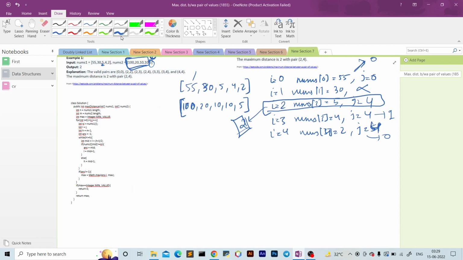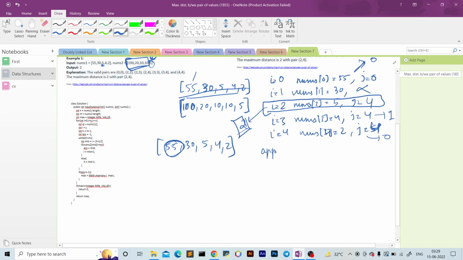So let me discuss the solution to this problem. What I have done is loop through the nums1 array. The nums1 array is 55, 30, 5, 4, 2, and for example, for this 55, I am finding the rightmost index which is greater than or equal to this 55, and for that I am applying binary search.